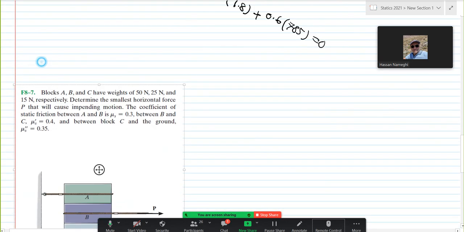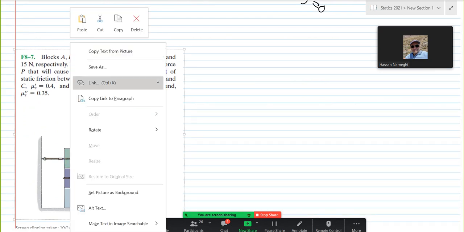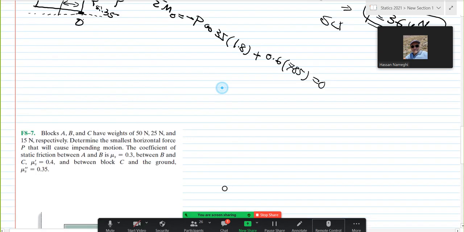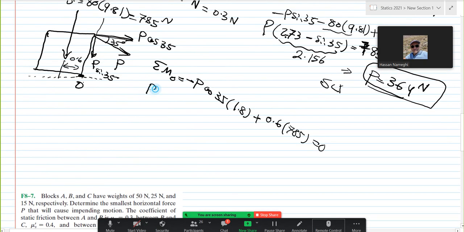So in this case, I'm going to calculate P. P is equal to 0.6 times 785. If you look at point O here, the gravity is going to go counterclockwise, but the P cosine 35 is going to go clockwise.